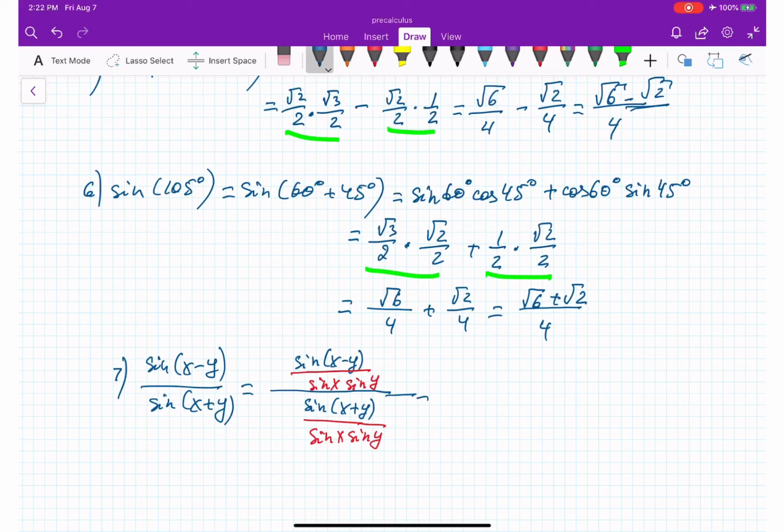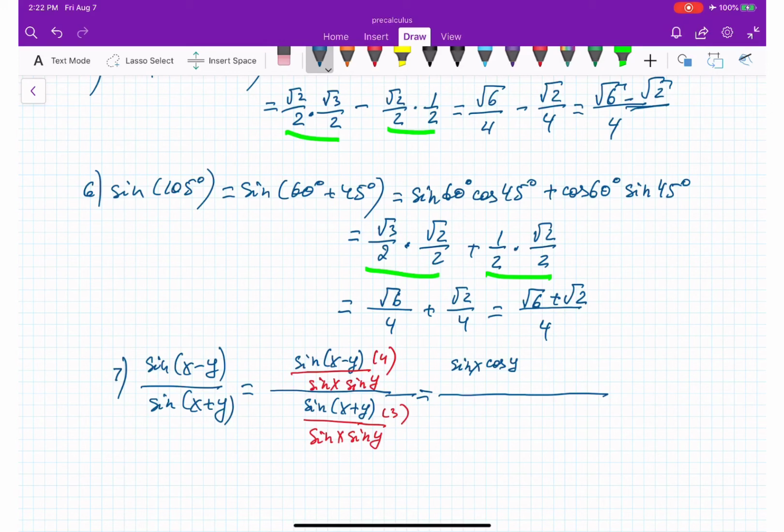Now, only now I'm going to open the formula for sine x minus y. So x minus y is going to be formula 4 here. And it's going to be formula 3 here. So we are going to get, I hope you wrote down the formulas, sine x cosine y. Remember the sine, it's more friendly, it allows sine and cosine to coexist together.